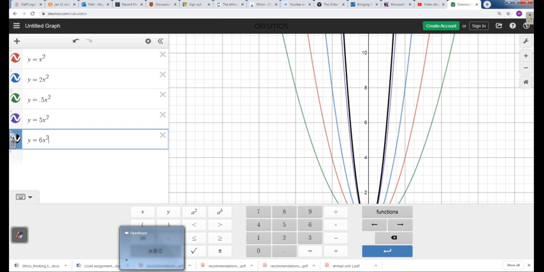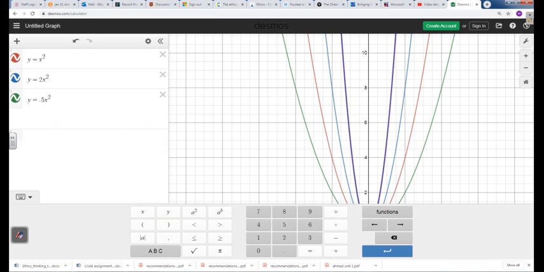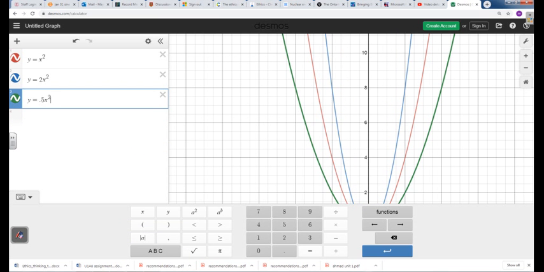Now, I'm just going to delete these, and I'm going to look at values that are below 1. So between 0 and 1. Give me values between 0 and 1, other than 0.5. 0.2. Okay, so 0.2x squared. What is it?